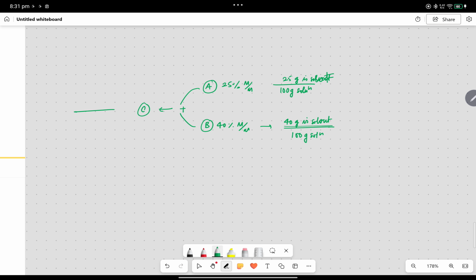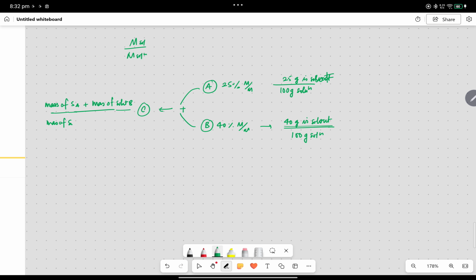What we are going to do is take the mass of solute A plus mass of solute B, by the mass of your total solution, because mass by mass percent is mass of solute by mass of solution, right?